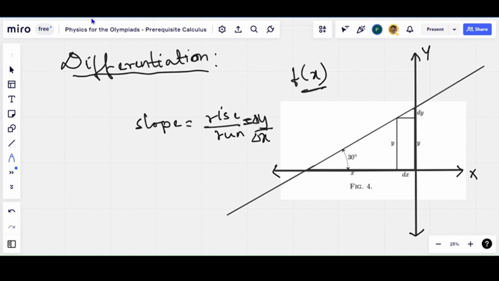Now, for a small change in x, which is represented as dx in the figure, and a small change in y, which is represented as dy, the length of the line becomes smaller, as in this small right angle triangle, which has the slope of dy by dx.